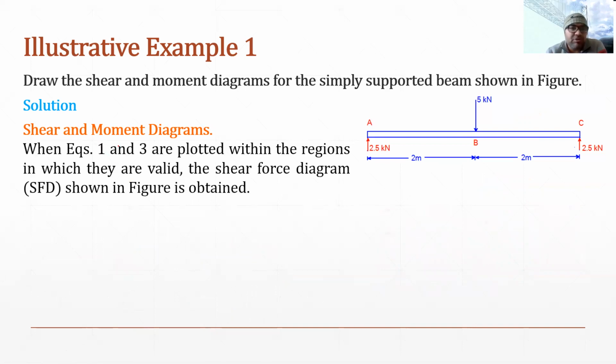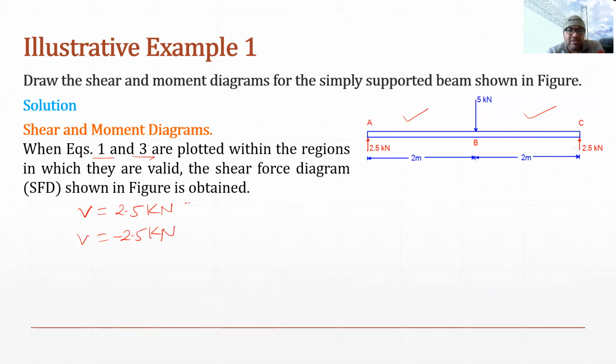Using equations 1 and 3, where equation 1 is related to segment AB and equation 3 is related to segment BC. For segment AB, V is equal to 2.5 kilonewton, which we calculated earlier, and for segment BC, V is equal to minus 2.5 kilonewton.